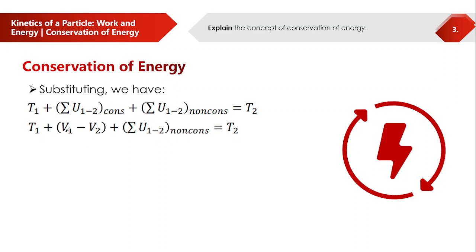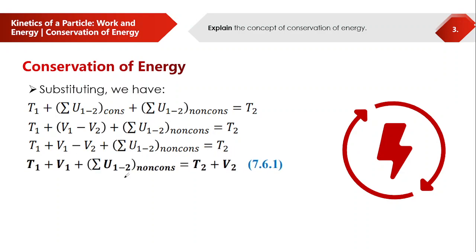Yung potential energy ng gravity or gravitational tsaka potential energy ng elastic, no? So that would be T sub 1 plus V sub 1 minus V sub 2 plus summation of all the work of the non-conservative is equals to T sub 2. Okay? So i-transfer lang natin yung potential function sa negative V sub 2 sa right side. So that will be T sub 2 plus V sub 2.